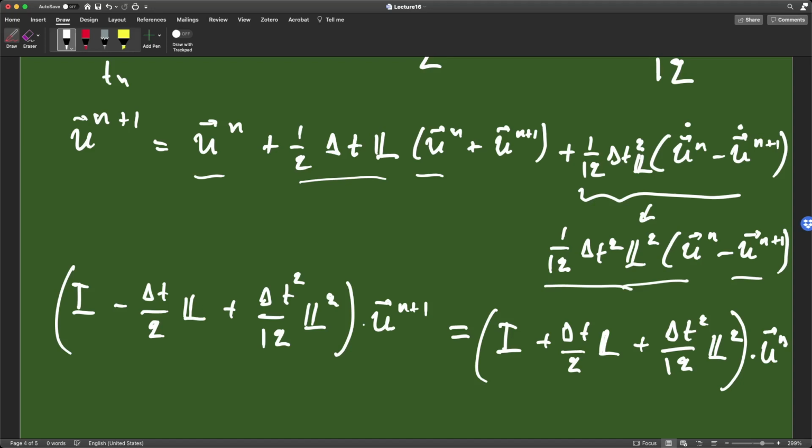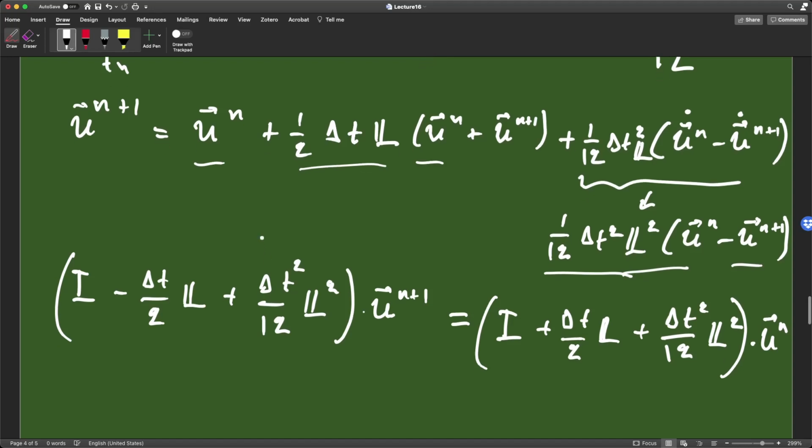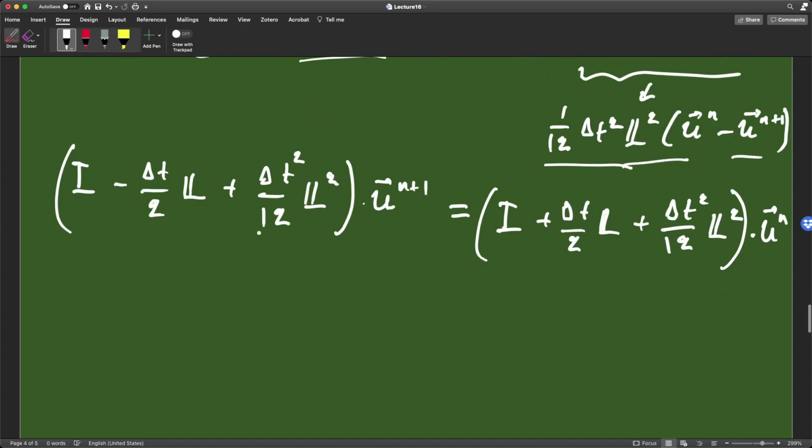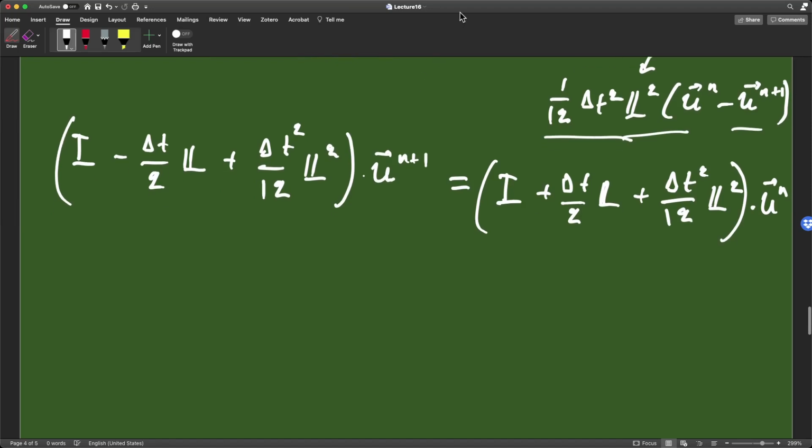Now again, as before, we can either use the Thomas algorithm to invert this matrix or solve this linear system. We can use linear solve if L is computed using finite differences, or we can simply invert this matrix and store it. If we use pseudo-spectral methods, that would be more efficient.